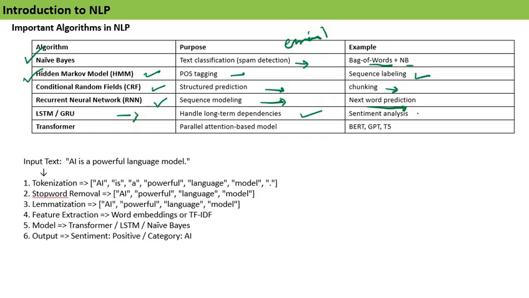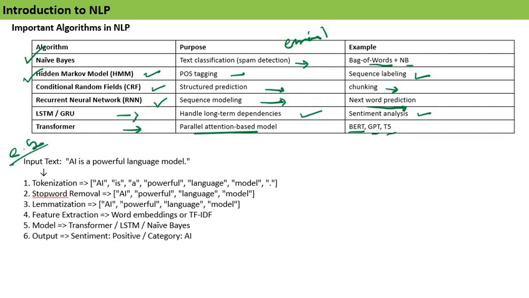For example, in the analysis of a long corpus of data, it provides the sentiment, whether positive or negative. There are also transformer models, which are parallel attention-based models, for example, BERT, GPT, and the text-to-text transformer model.